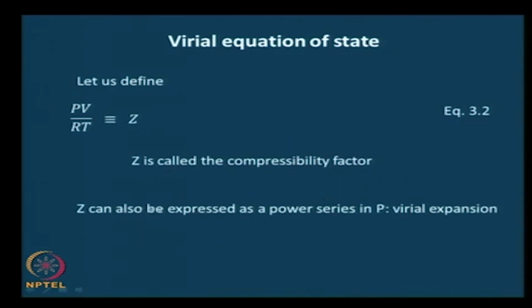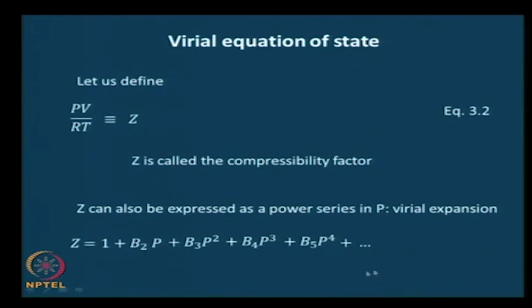The Z can also be expressed as a power series in P. You would have learnt about power series expansions in your mathematics classes, and if it is expressed as a power series, it is called a virial expansion. We will first look at the expansion as a power series in pressure. Z can be written as 1 plus a coefficient B2 times P plus B3 times P squared plus B4 times P cubed plus B5 times P power 4 and so on.